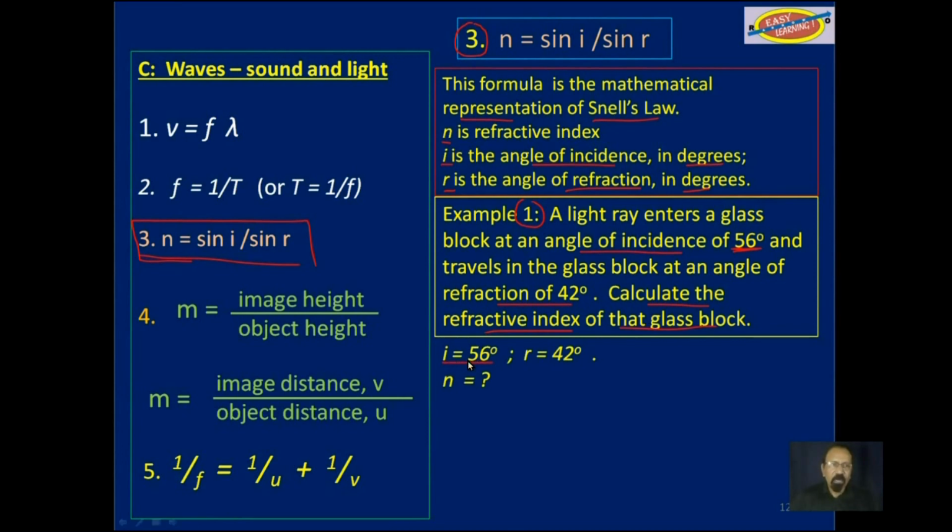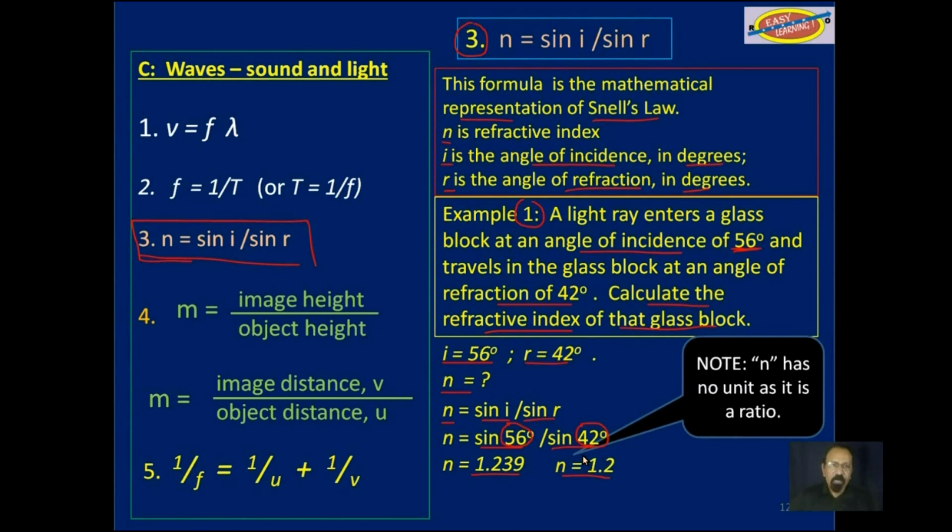We know that the angle of refraction is 42 degrees. What is the refractive index N? Well, N is equal to sine I divided by sine R. We substitute the numbers we were given and we come up with 1.239. We can round that off to 1.2 because we only have two significant figures.